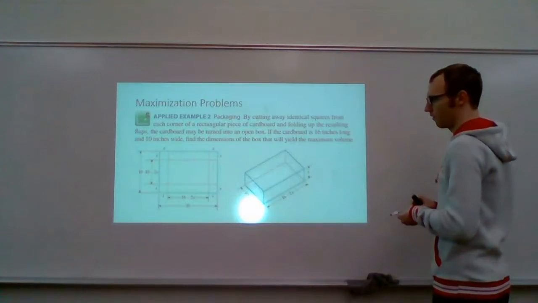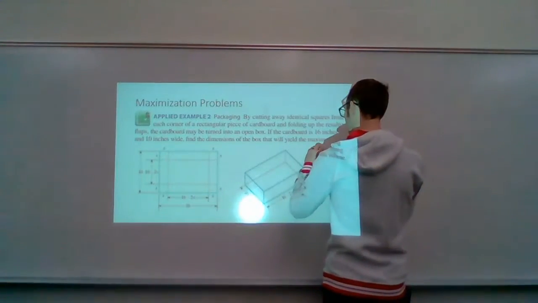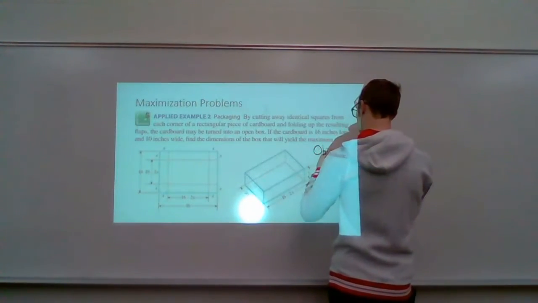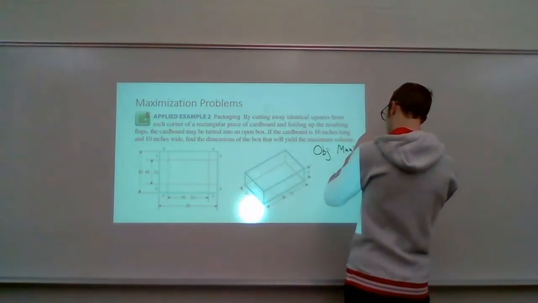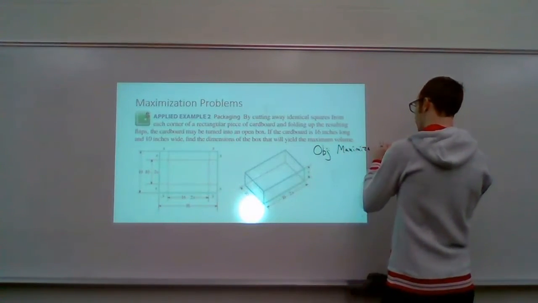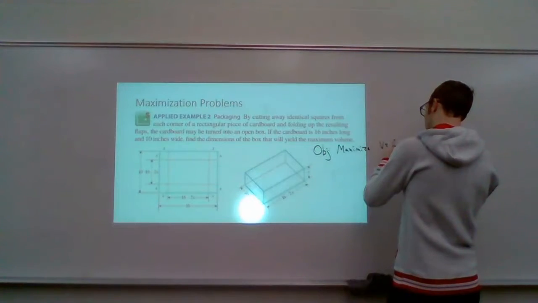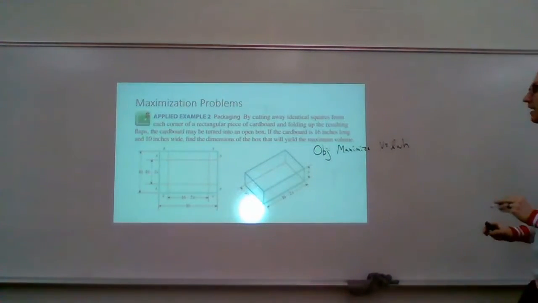Now, my objective here is to maximize volume, which is equal to length times width times height. That is my goal. I want to maximize the length, the width, and the height.